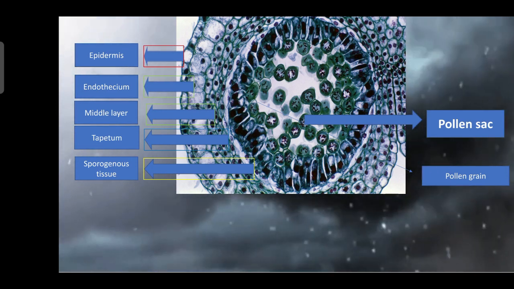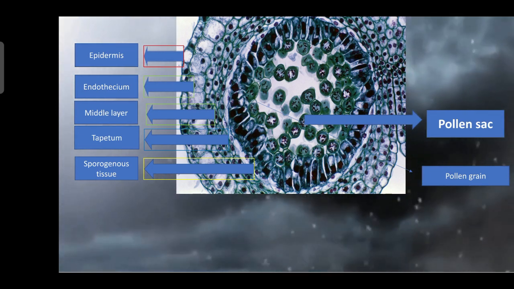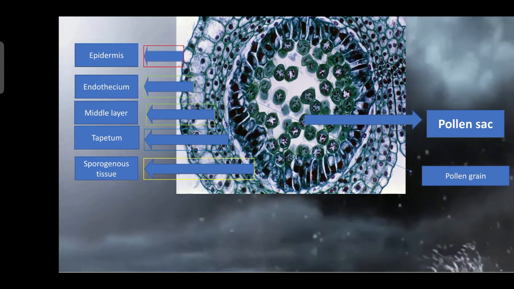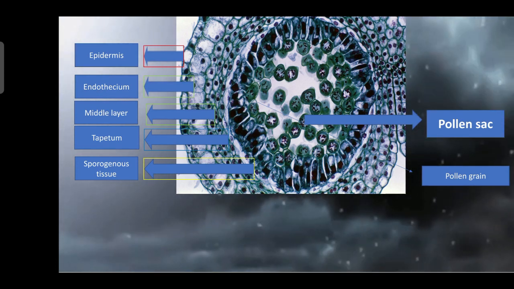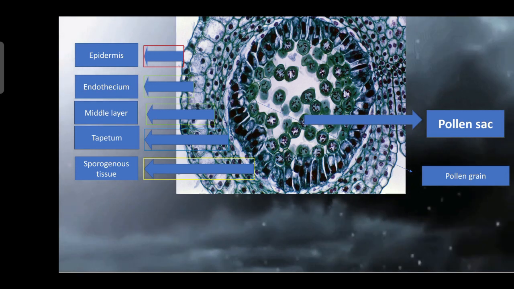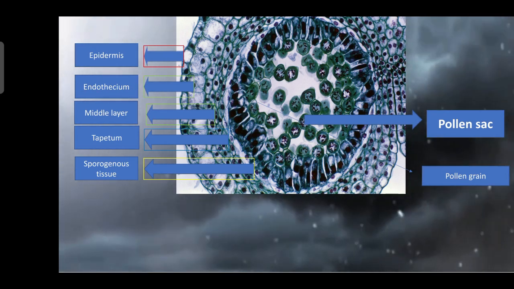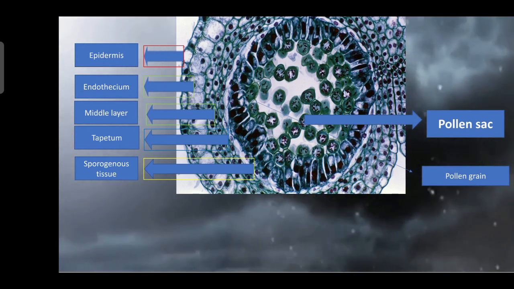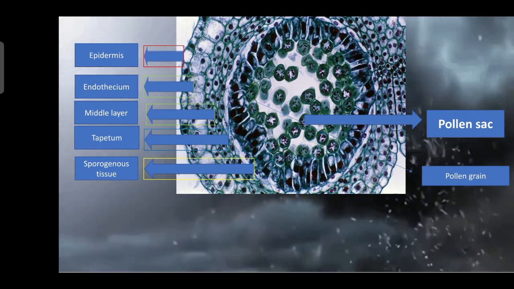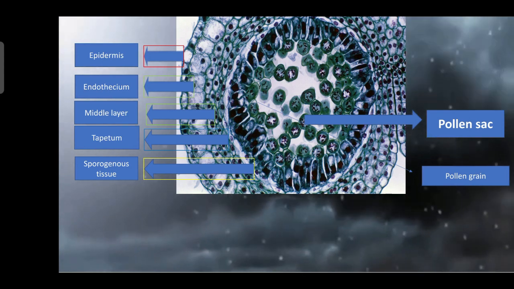Number 4, the tapetum. Tapetum is the innermost layer found below the middle layer. How do they look? The tapetum has large cells with a dense cytoplasm and multiple nuclei. What do they do? They nourish the developing pollen grain. They secrete the callase enzyme.